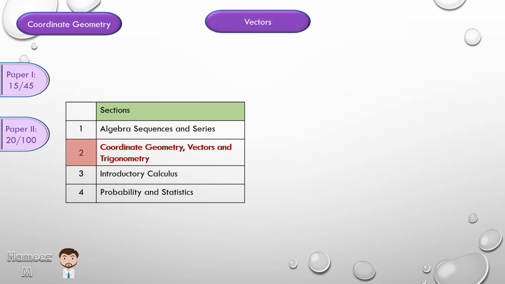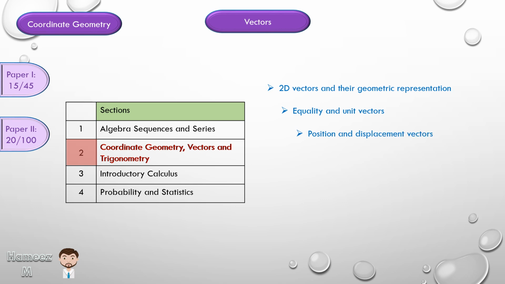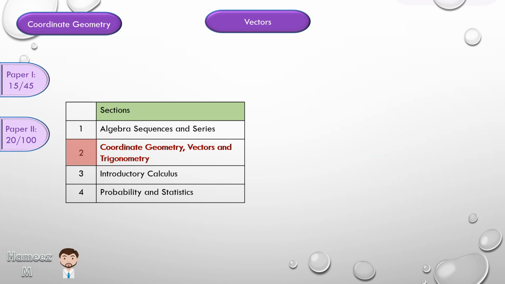For vectors, this can be subdivided into 2D vectors and their geometric representation, equality and unit vectors, position and displacement vectors, modulus and direction of a vector, scalar or dot product of two vectors, and parallel and perpendicular vectors.